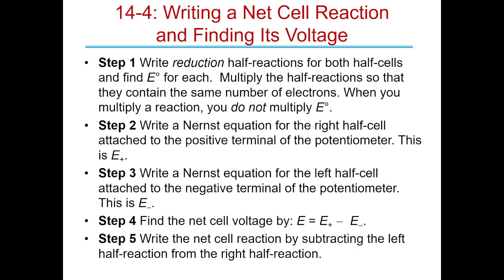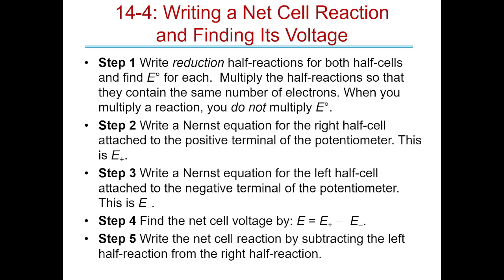So these right here are the steps for writing a net cell reaction and finding its voltage. So step 1, you'd write the reduction half reactions for both the half cells. You'd find the E naught for each of them. You'd multiply the half reactions so that they contain the same number of electrons.